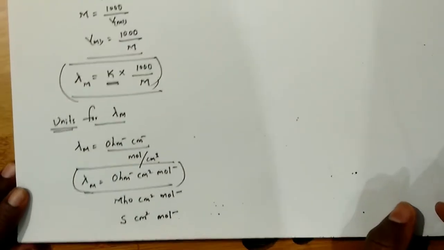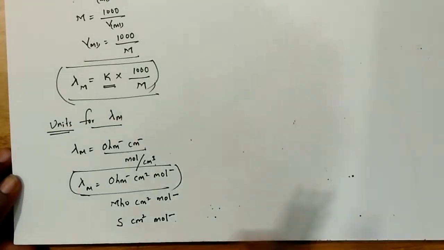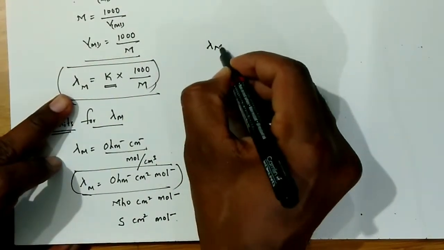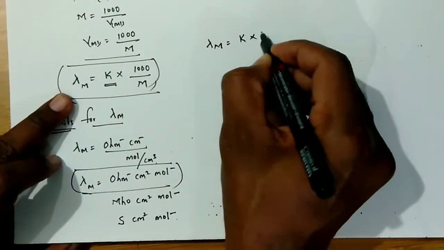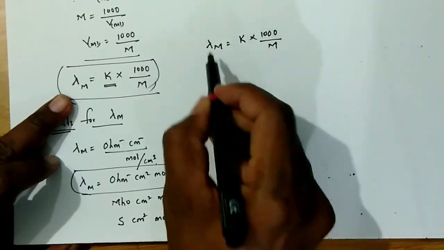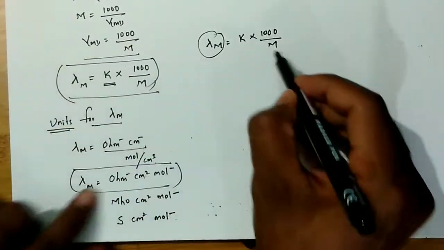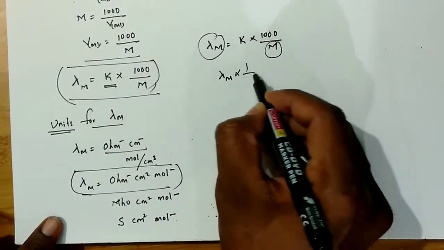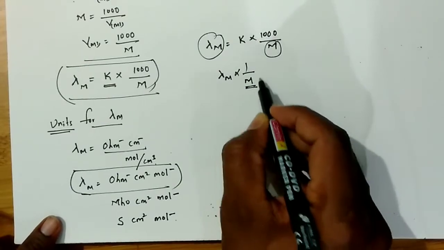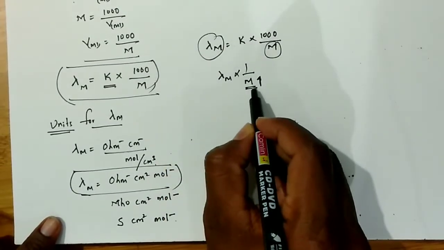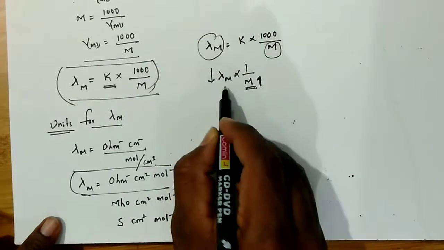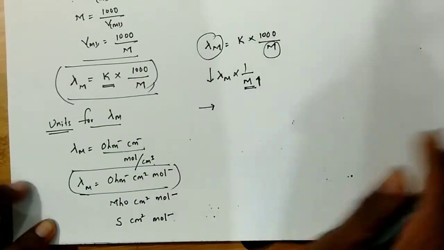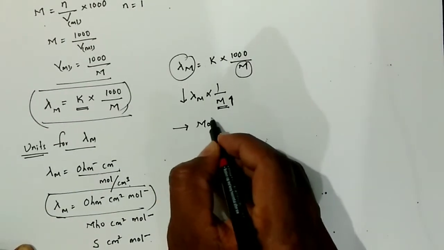So how does dilution affect the molar conductance? See here, from this relation, molar conductance equals specific conductance into 1000 by molarity. See the relation between molar conductance and molarity. Molarity is nothing but concentration. Which relation is here? Inversely proportional, right?